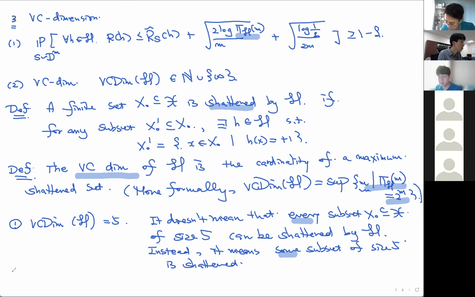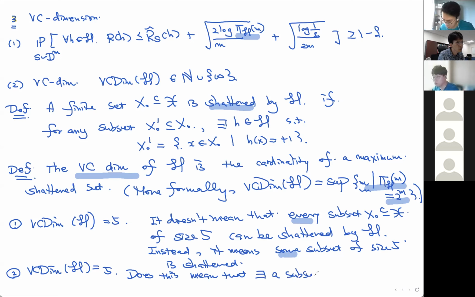And then the other natural question is, suppose the VC dimension is, again, 5. Does this mean that there exists a subset x0 of size, say, 4, that can be shattered?